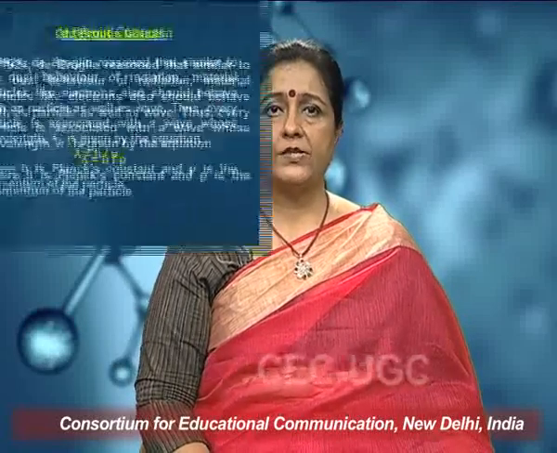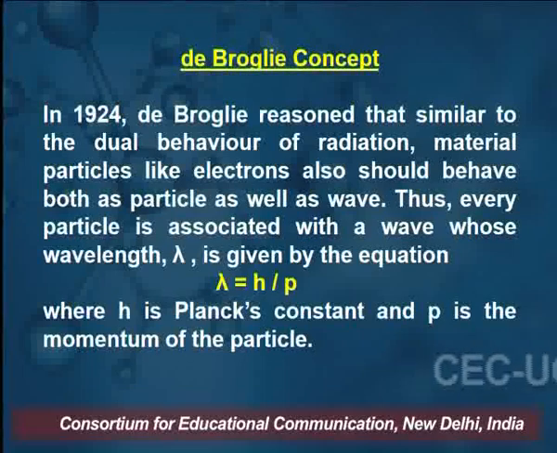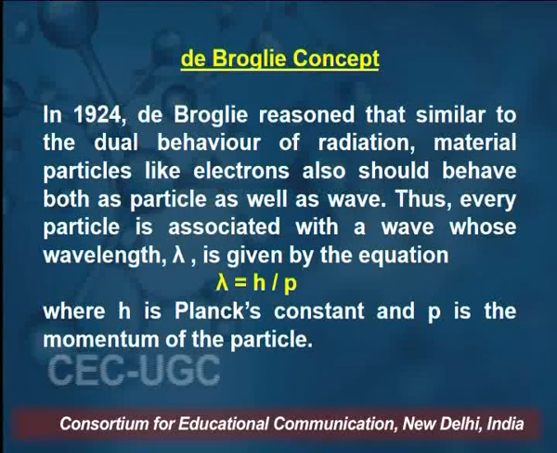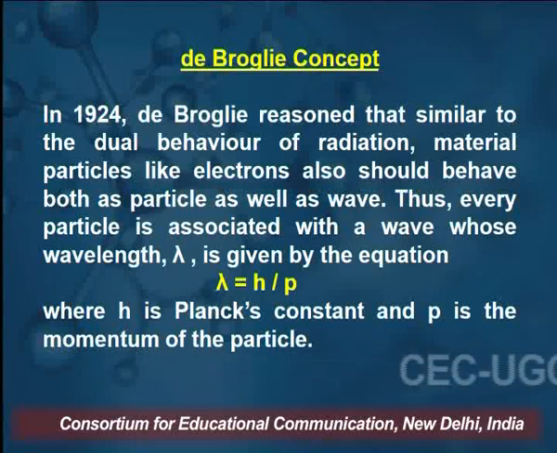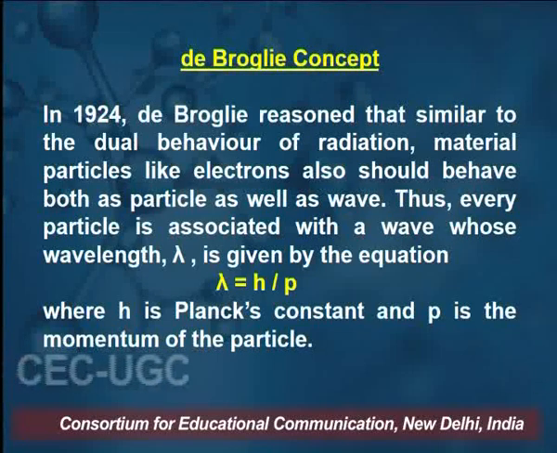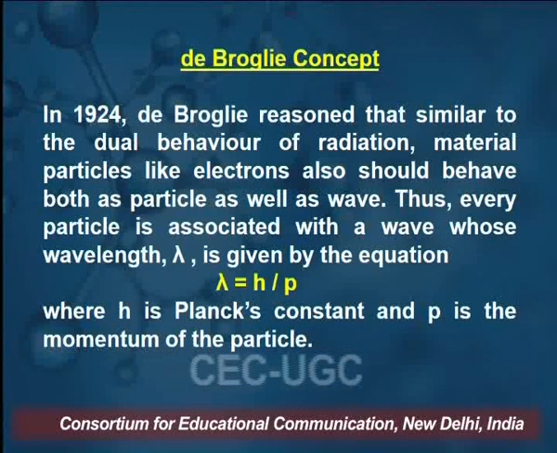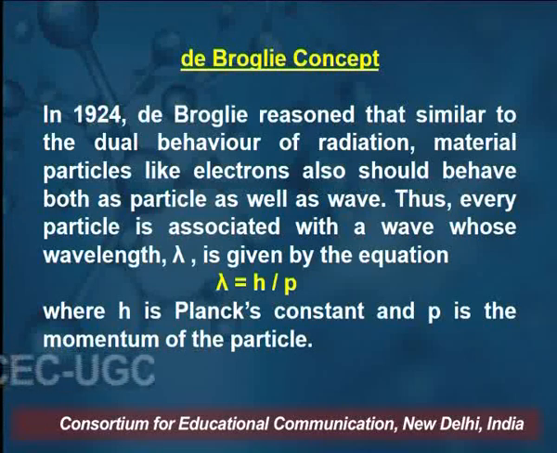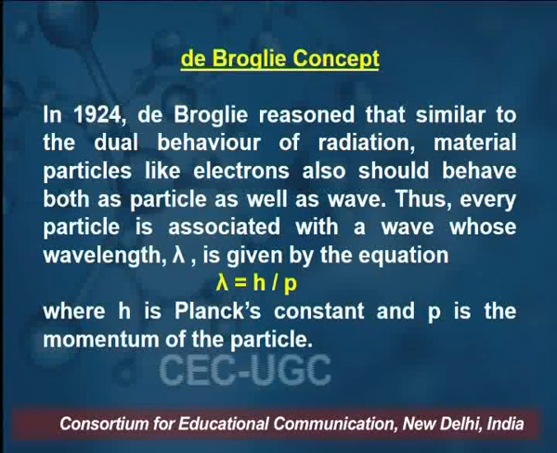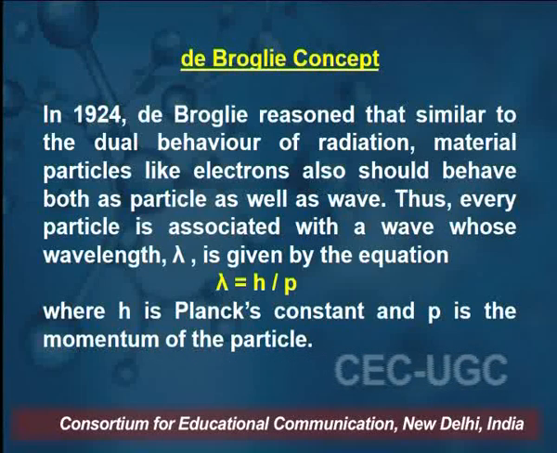In 1924, de Broglie reasoned that similar to the dual behavior of radiation, material particles like electrons also should behave both as particle as well as wave. Thus, every particle is associated with a wave whose wavelength lambda is given by the equation lambda is equal to h upon p, where h is Planck's constant and p is the momentum of the particle.